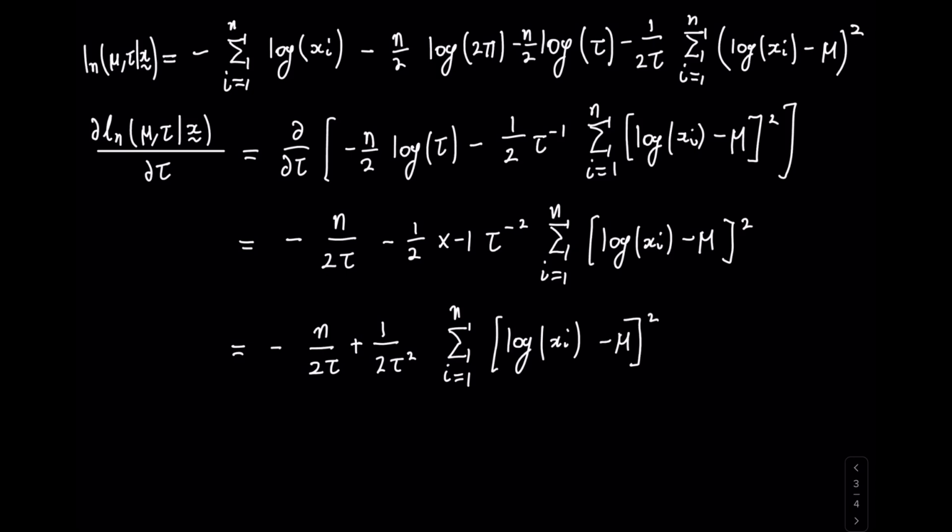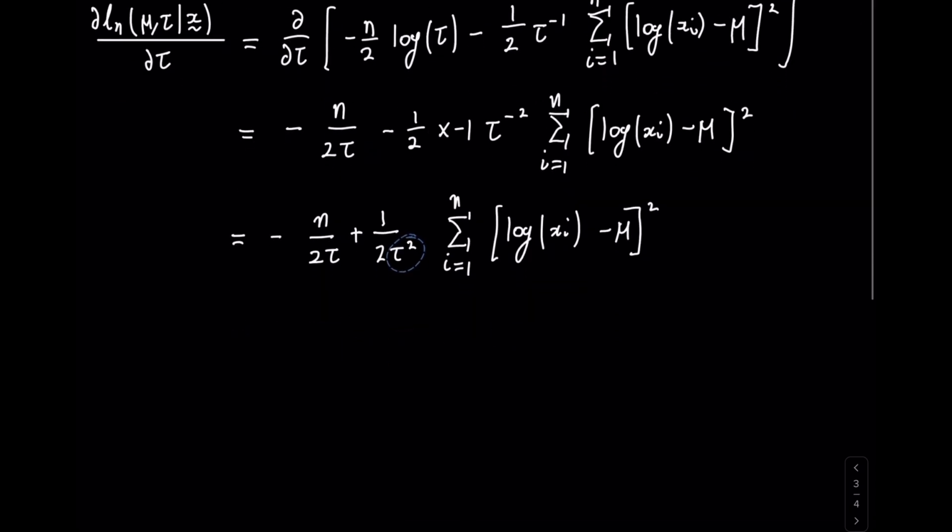And you can start to see why I've put in my taus all the way from when we first started this video. The reason for that was if we were to differentiate with respect to sigma squared and things like that, it becomes a little bit complicated. But looking at it through the perspective of tau, we sort of get there.